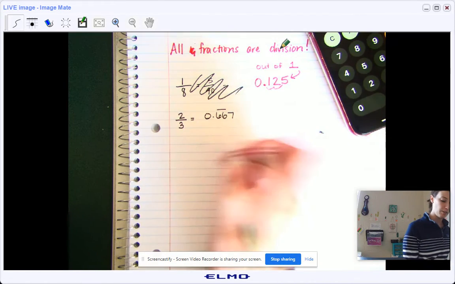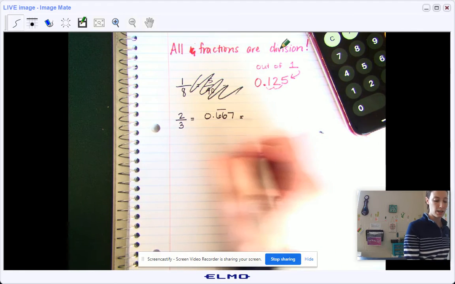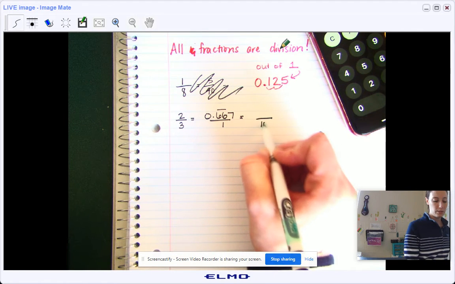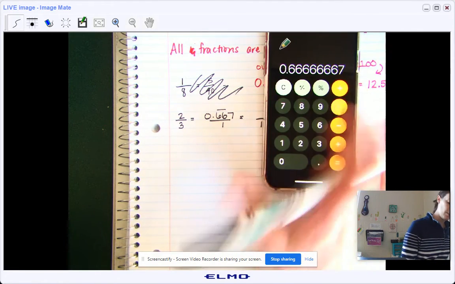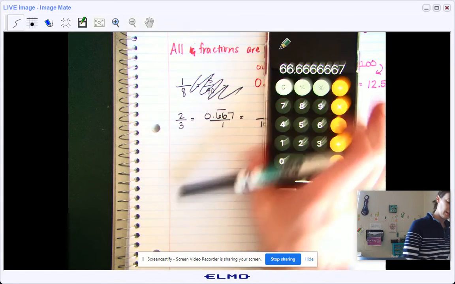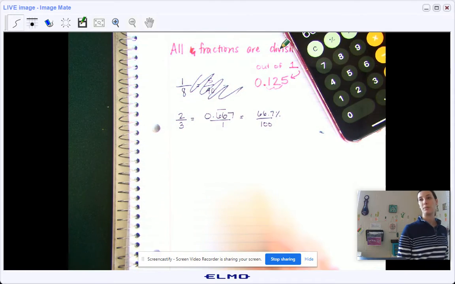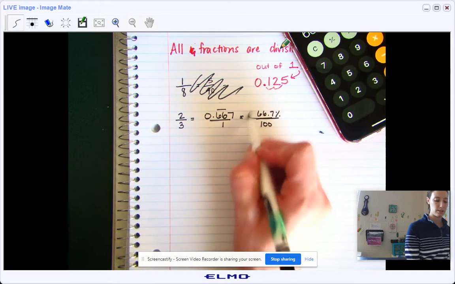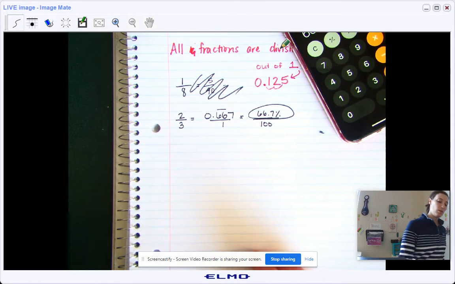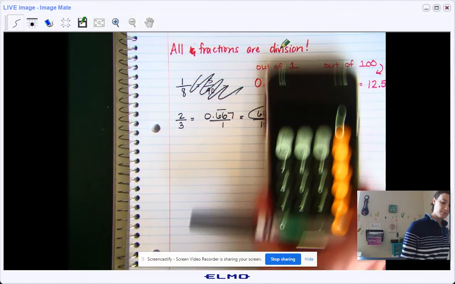And then that's out of 1. We want to make it out of 100. So we multiply by 100. We get 66.6%, or round up to 66.7%.